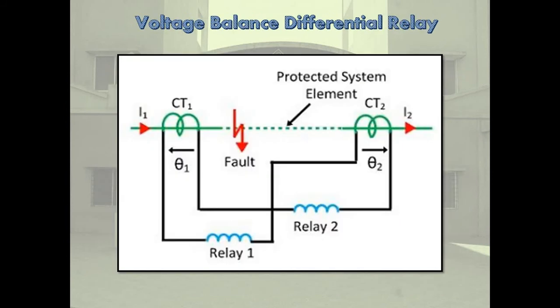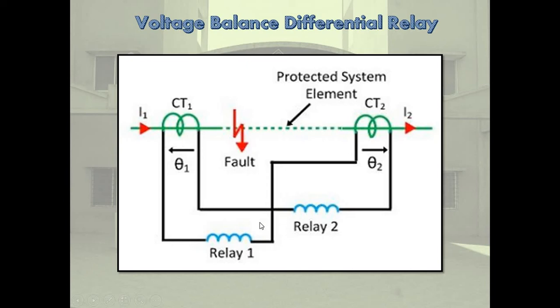Next, voltage balance differential relay. In the voltage balance differential relay, the current transformers at the two ends are connected in opposing directions. The relays are connected in series with the help of pilot wires.